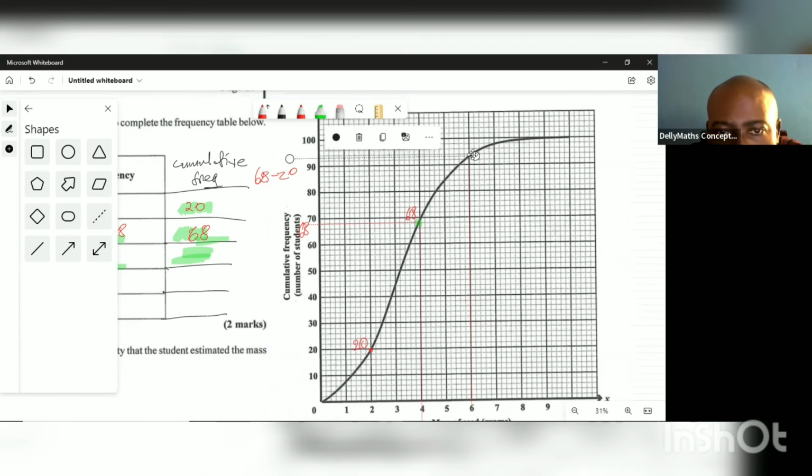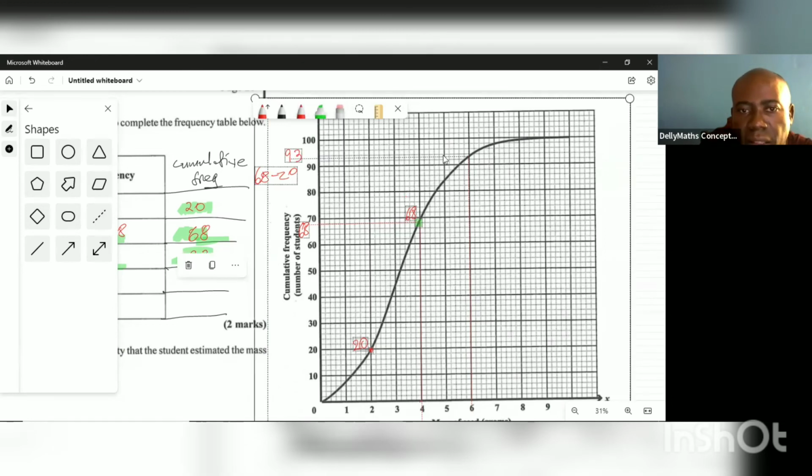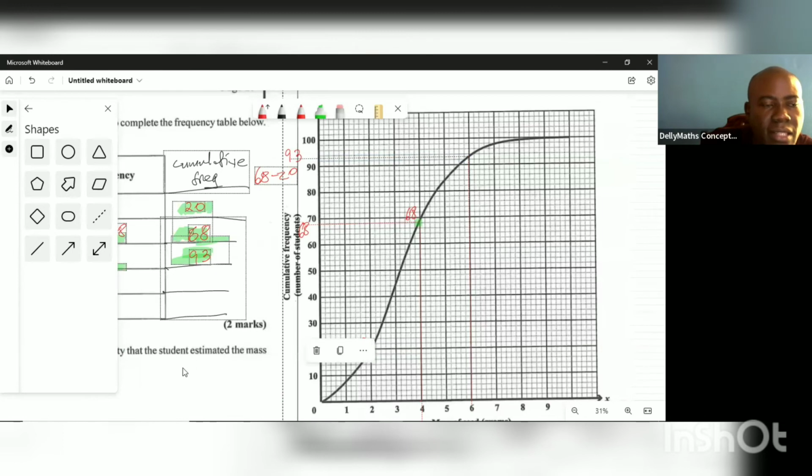This is 93 right here. So it comes across at 93.